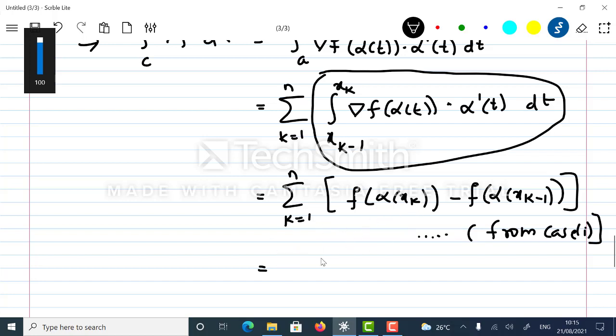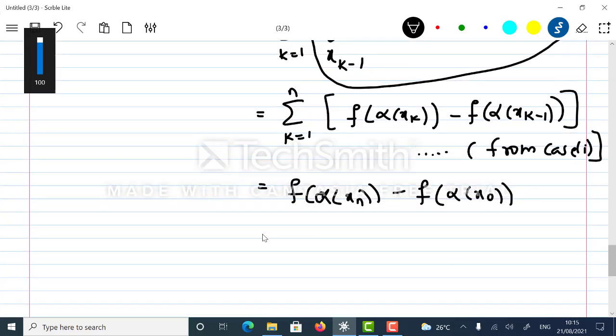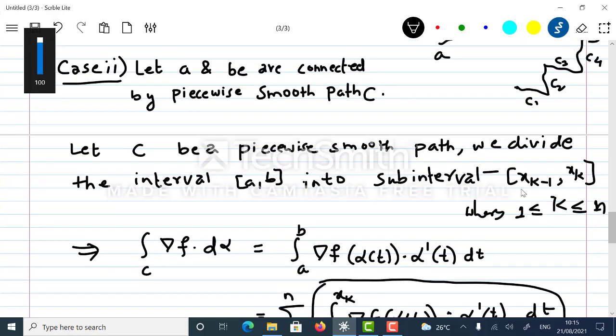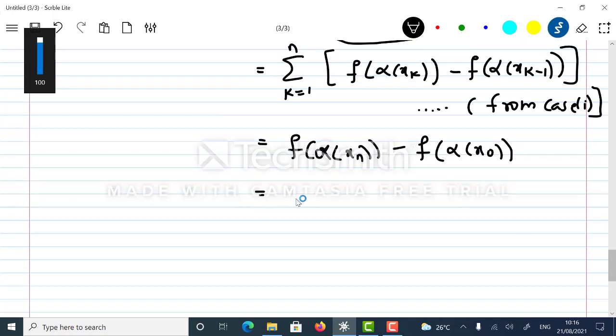I will only end with the last term and the first term. So it will be f of alpha xn minus f of alpha x0. But xn is b and x0 is a, because while doing the partition, we remember that the first point is x0 and the last point is xn. So it is f of alpha b minus f of alpha a.